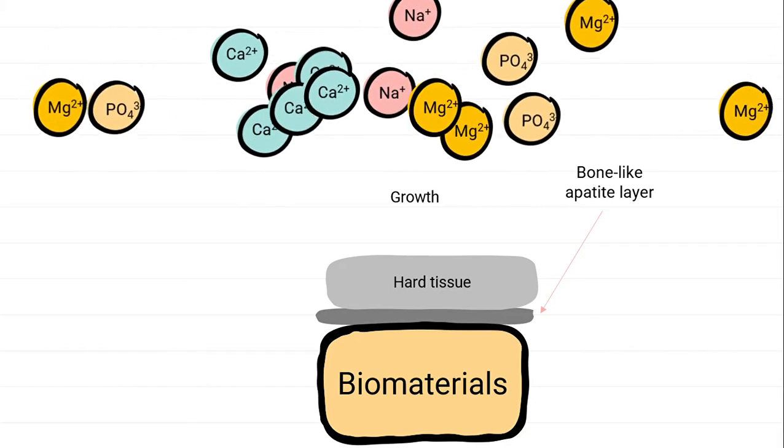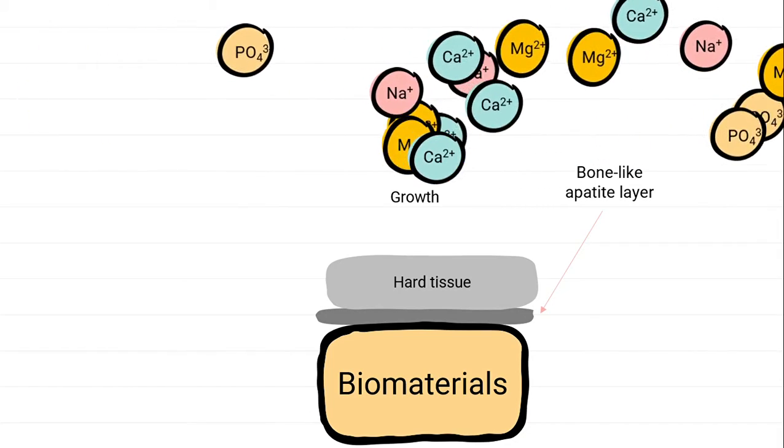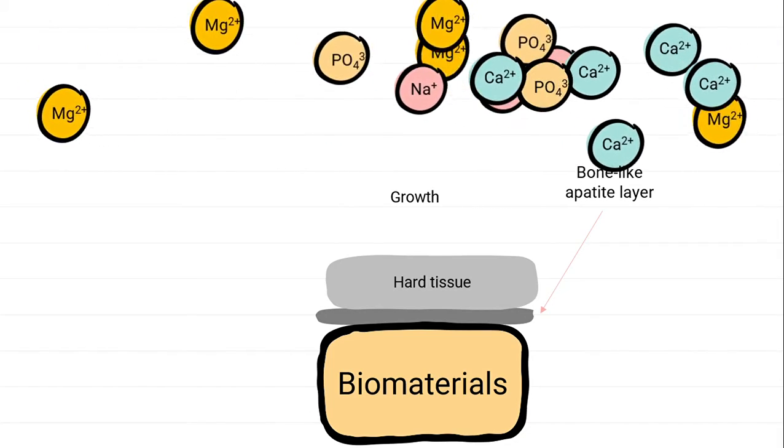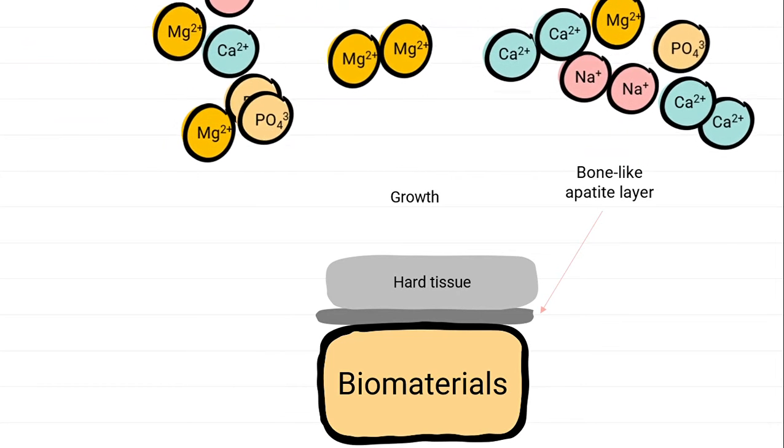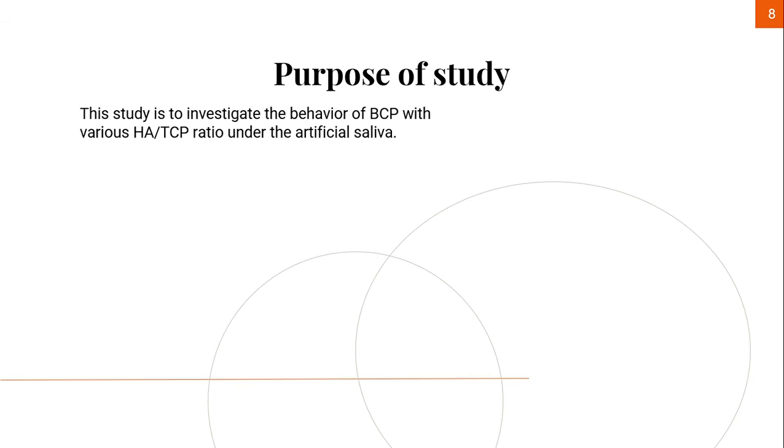The chemical bonding is then formed between the bone-like apatite and the surface material to make the healing process faster. However, there is still a need to investigate the phase ratio of BCP's effect in the oral environment.